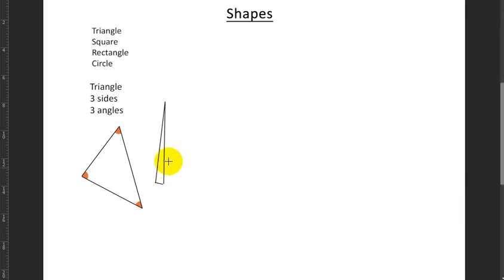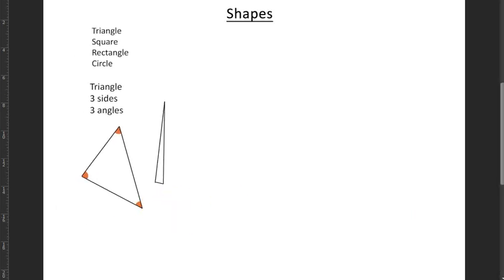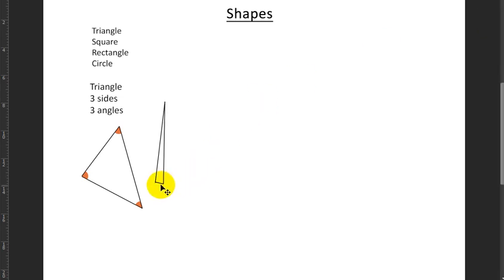It has 3 sides and 3 angles. Oh, this should be closed, but it's not. So let's actually close it. There we go. Now it's closed. And again, we have 1 angle here, 1 angle here, and 1 angle up here. So that's triangles. Again, 3 sides, 3 angles. That's a triangle.